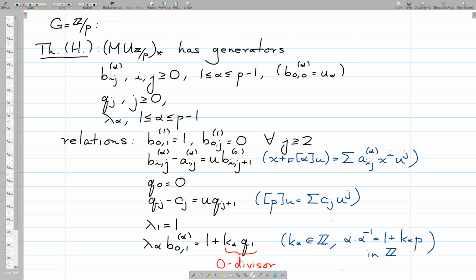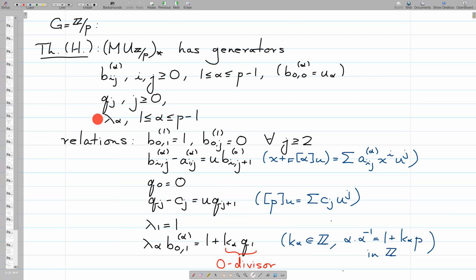Q0 is 0, and Qj minus Cj, where in this case the Cj's are now the coefficients of the p-series on U. So for Qj minus Cj, we can divide by one copy of U, and then you get the next generator, Q j plus 1.